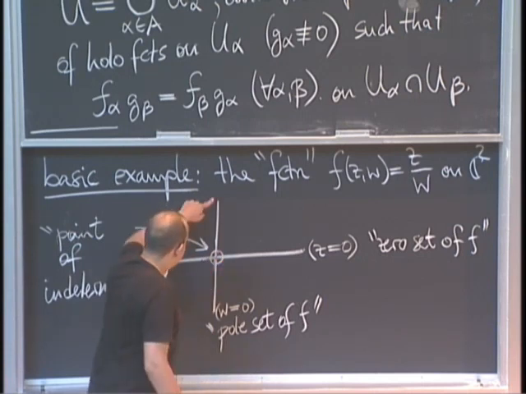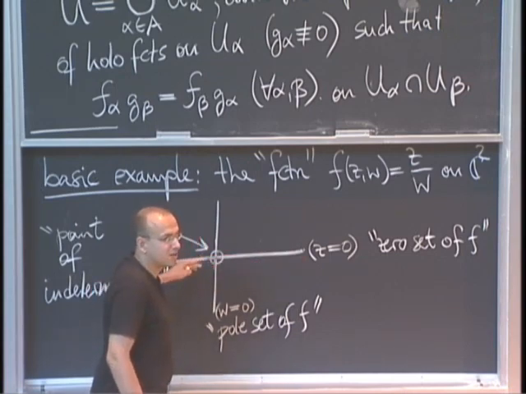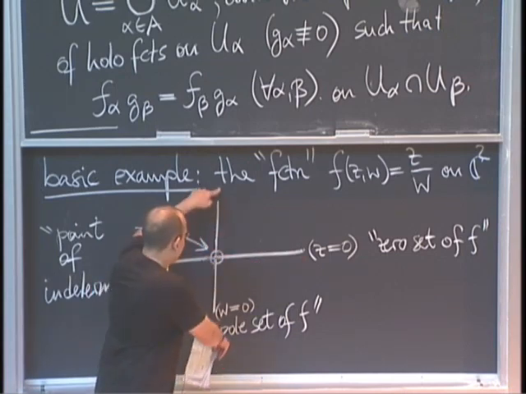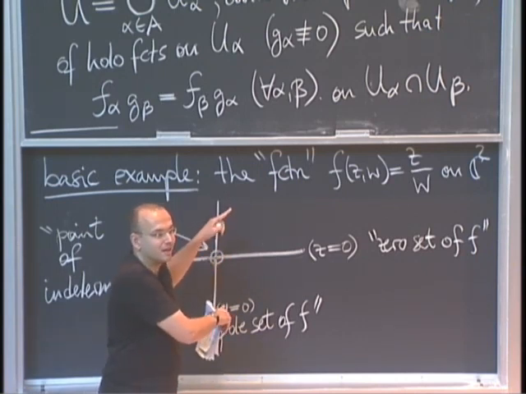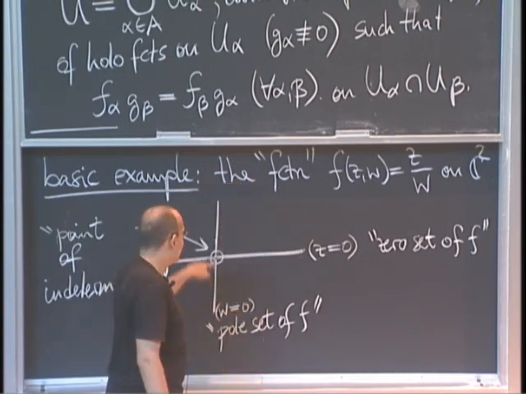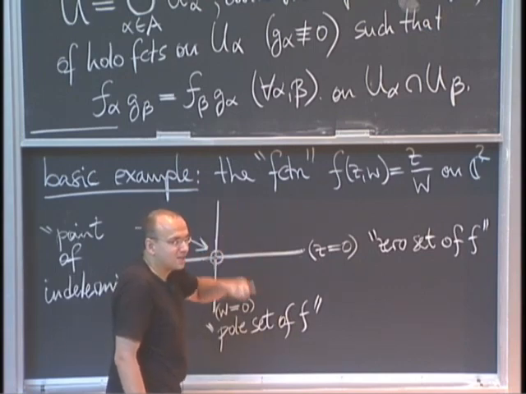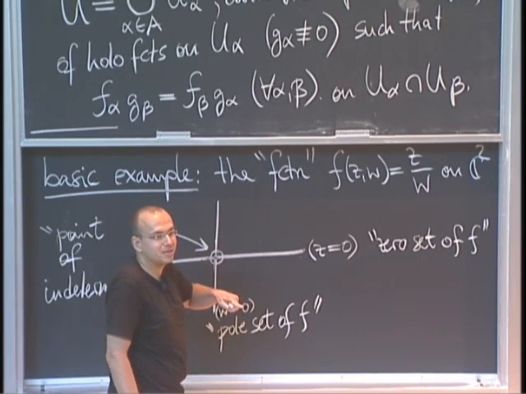On the 0 set, no question, the thing is just 0, if I exclude the origin. On the pole set, if I exclude the origin, the value is just going to be infinity. So I can just go to the Riemann sphere and map to the point at infinity. But at the point of indeterminacy, in some sense, the function becomes multi-valued. So the set of values becomes the whole Riemann sphere.